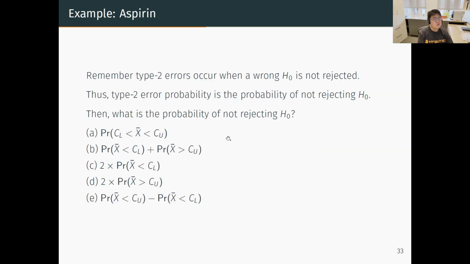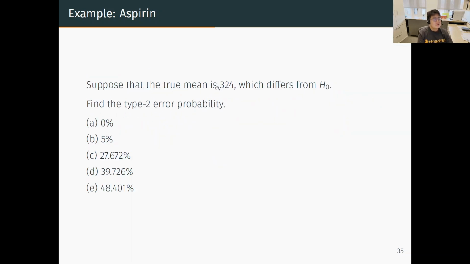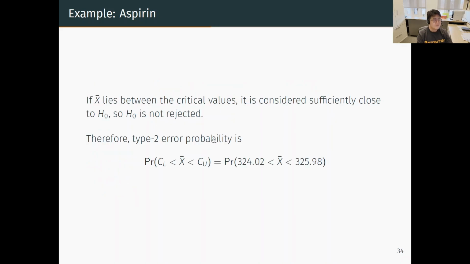So now we are going to choose 324, just as an example. This means the null hypothesis is wrong. And in this case, it's really an algebra practice. You have to find the type 2 error probability. Do it by yourself. And basically, you are going to calculate this probability.